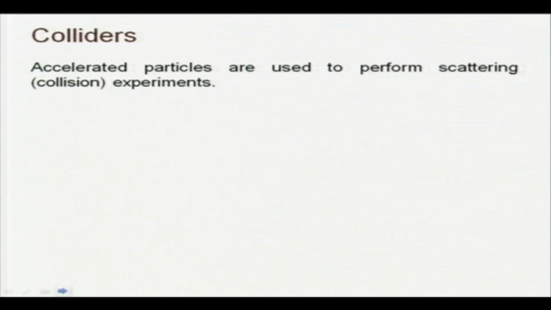From scattering experiments, we can infer what is going on at the microscopic level when these particles interact with each other. So, we have to use these accelerated particles in scattering experiments.